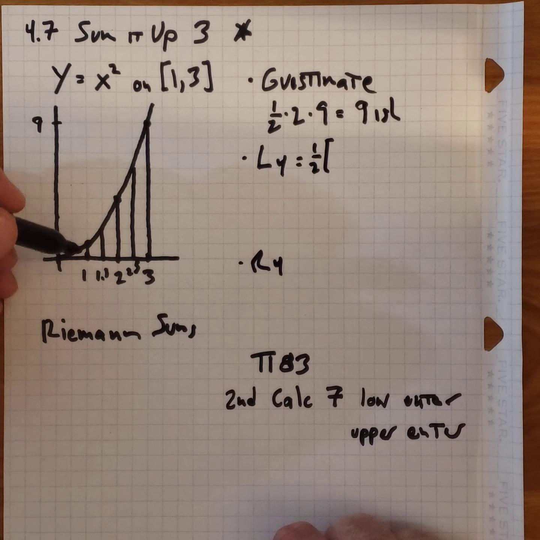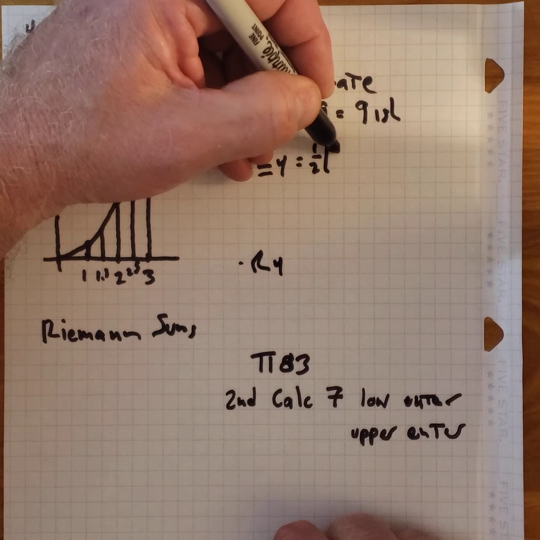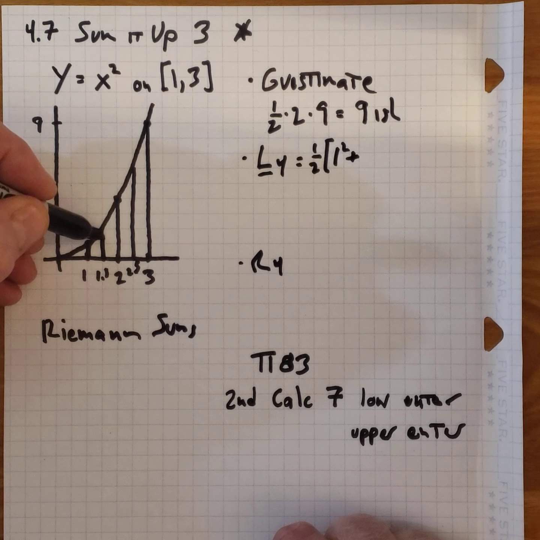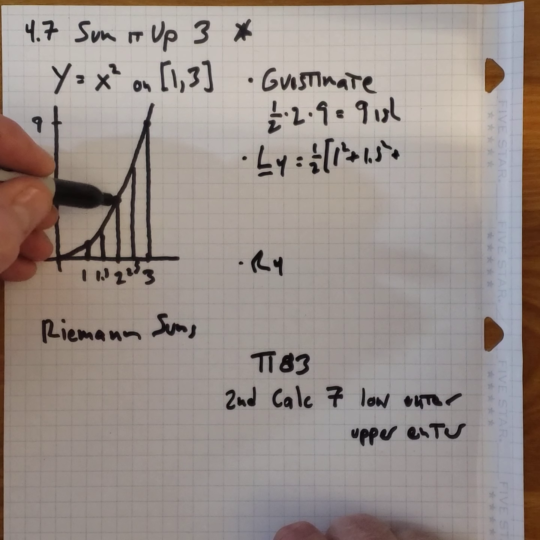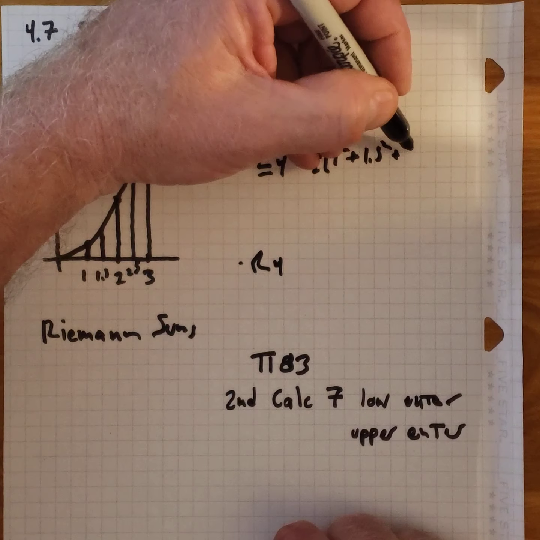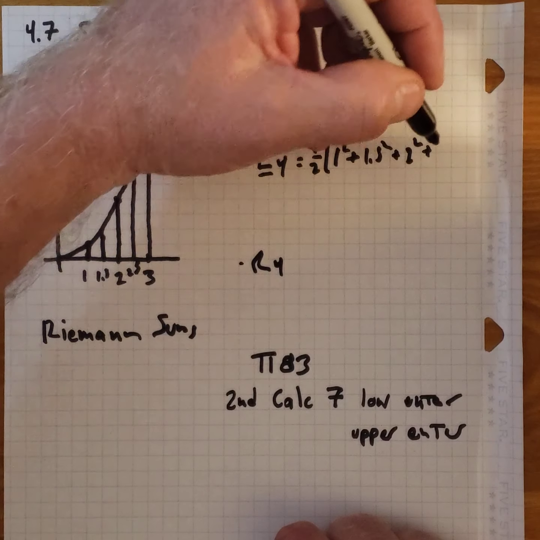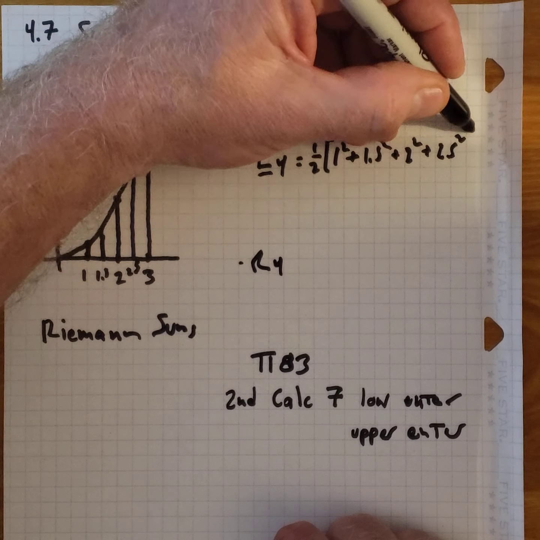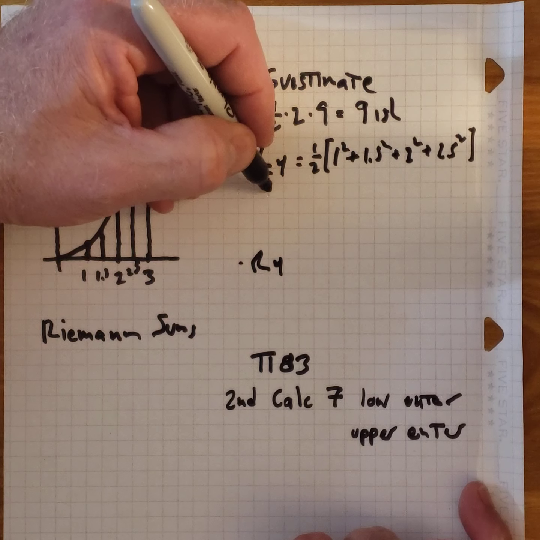The height of each rectangle is going to come from the value of the function on the left end. So the first one is 1 squared, plus 1.5 squared. The left endpoint for the third rectangle is 2, so 2 squared, and then 2.5 squared is the height of the fourth one. I neglected again to actually work these out ahead of time.